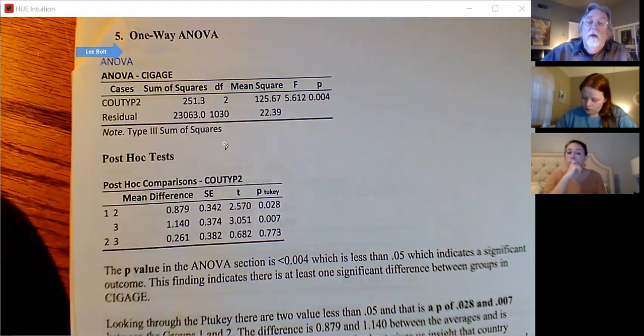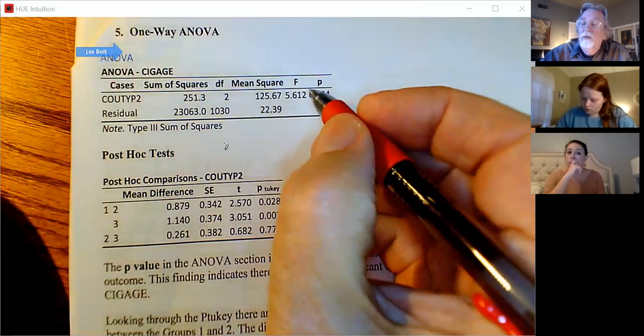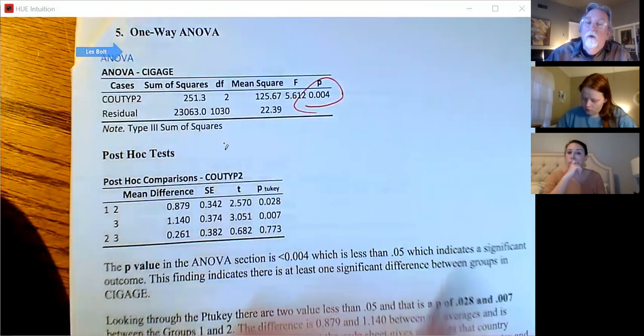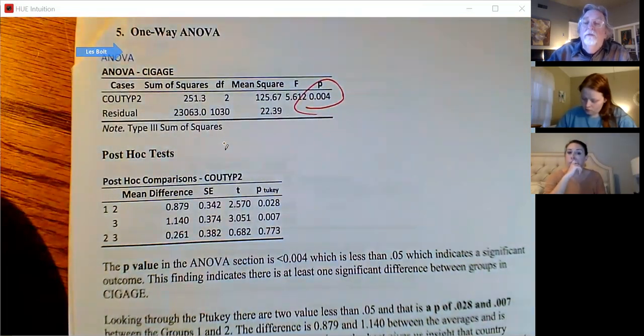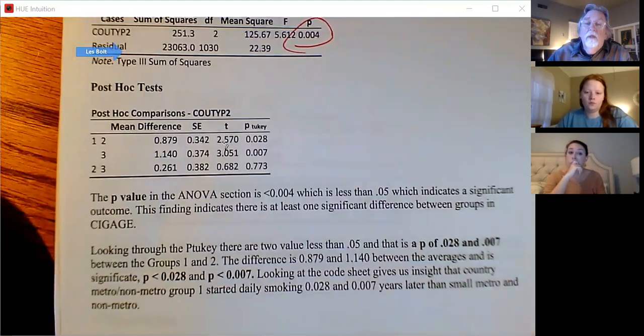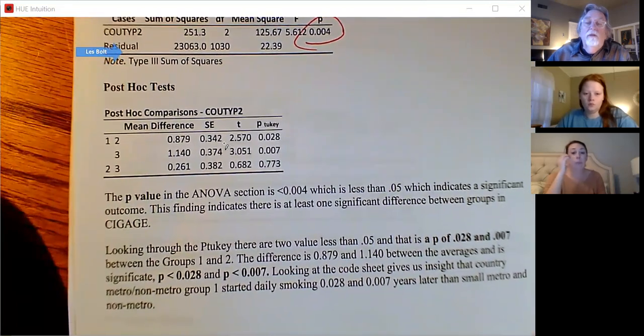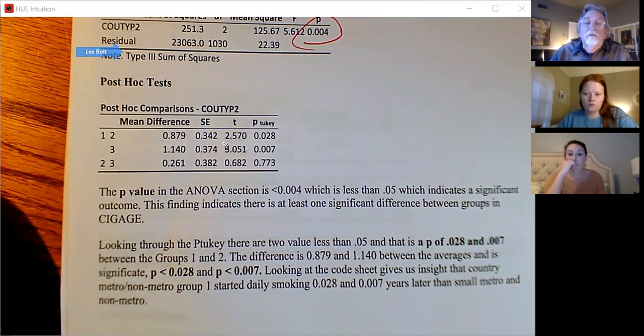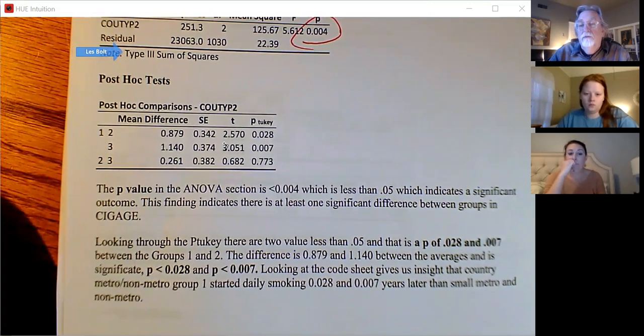We found the p-value to be 0.004, which means it's less than 0.05. So there are significant differences between these types of areas, at least in this sample. What we have to do when we do one-way ANOVAs like that is we have to do what are called post hoc tests to see between which groups.